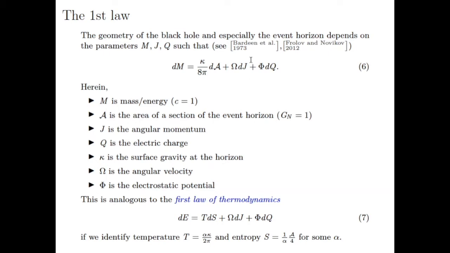And this is very similar to the first law of thermodynamics, of course, where the energy changes like this. The dependence on things like charge is the same. And here we have temperature times the change in entropy.